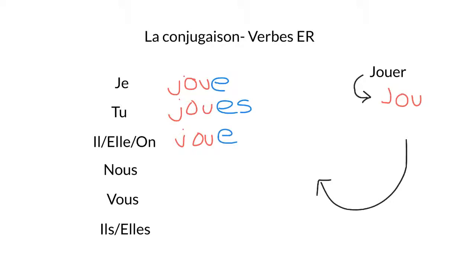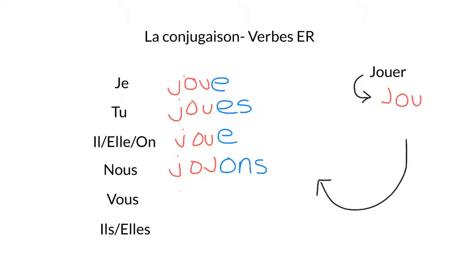The ER verb not only is the most important, but it is actually the easiest to learn. It has very few changes that can be easily remembered. For example, je joue and il, elle, on joue is the exact same conjugation. Next, it is nous jouons. And it has an ONS at the end of the verb.